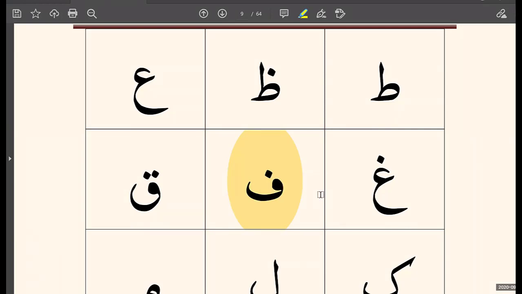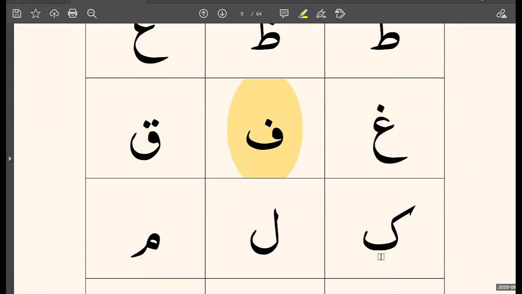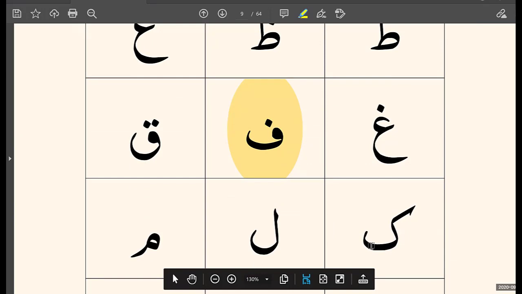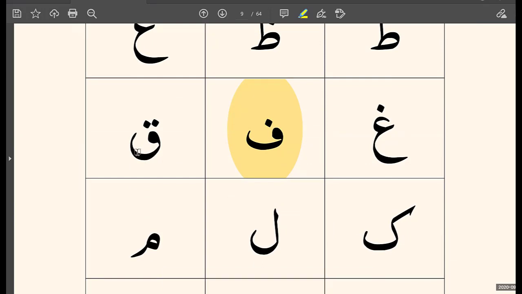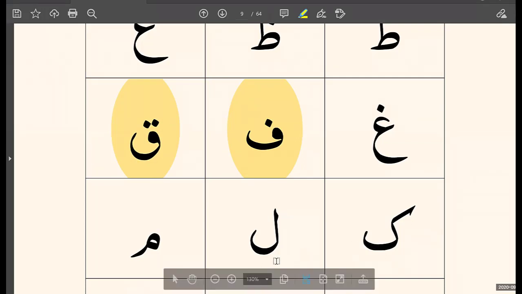Qaf. Yeah, this is a thick letter, again 2 dots, thick, qaf. And this is a thin letter, kaf. This is qaf, q sound, and this is k sound, like a king. Kaf. Yes, and lam.